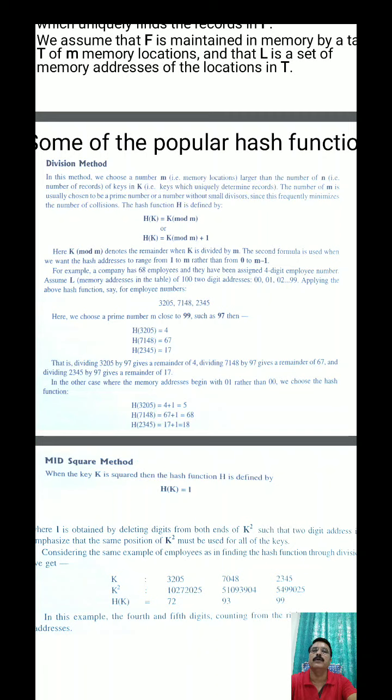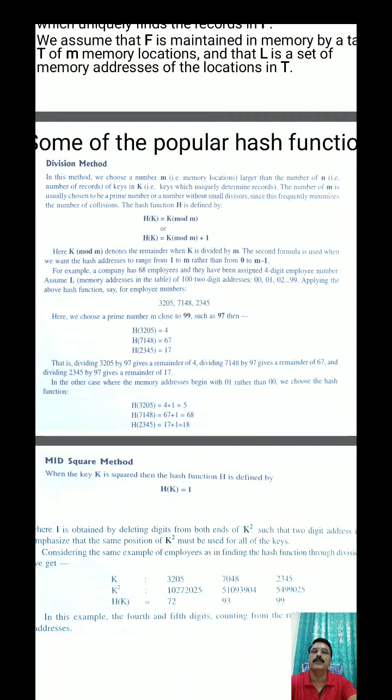For example, a company has 68 employees and they have been assigned a 4-digit employee number. Assume L memory addresses in the table of 100 2-digit addresses, 00 to 99. Applying the above hash function, say for employee numbers 3205, 7148, 2345, here we choose a prime number m close to 99, and that is 97. Then h of 3205 is 4, h of 7148 is 67, and h of 2345 is equal to 17.